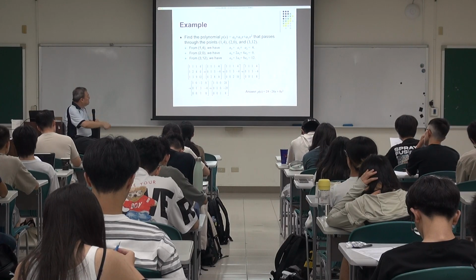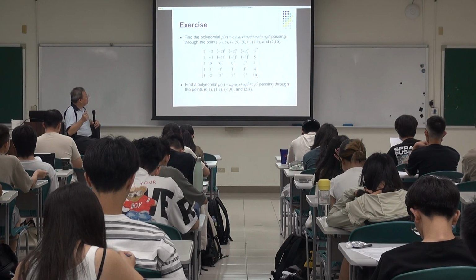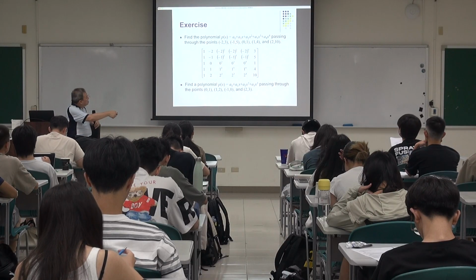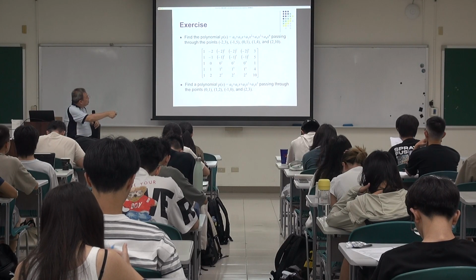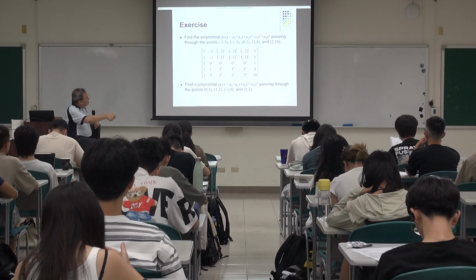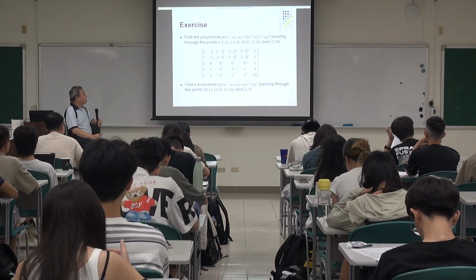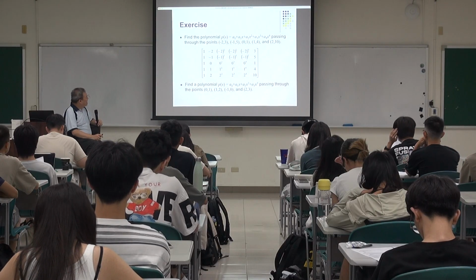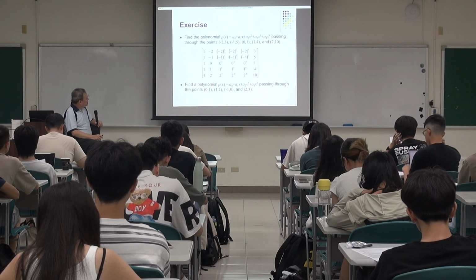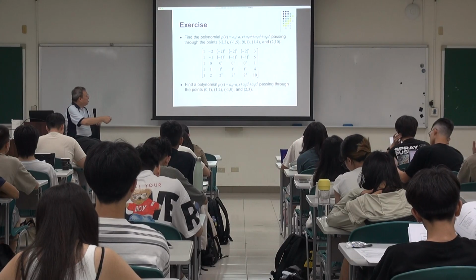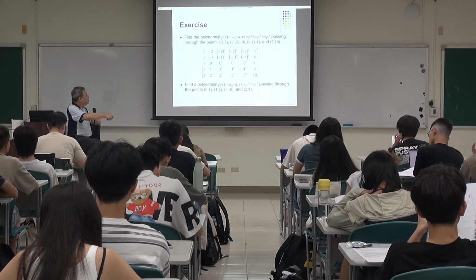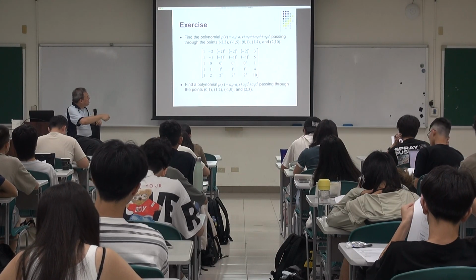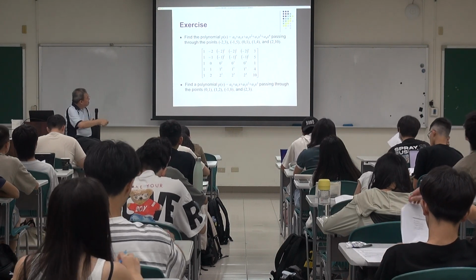The similar idea can be applied to more points. So here we have a polynomial of degree 4, and it will pass through 5 points. Obviously you are going to end up with a huge matrix, a 5 times 6 matrix.